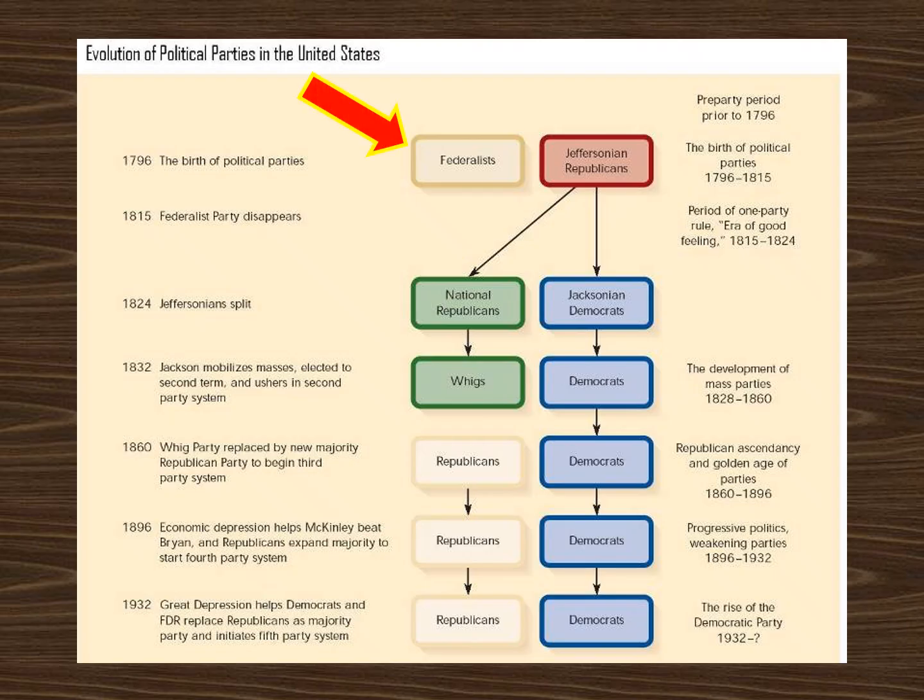In the 1790s, there were two political parties. One was called the Federalists, the other was called the Jeffersonian Republicans. Sometimes they were also referred to as the Democratic Republicans. We've had a range of other political parties over the years as well, but for the last 150 years or so, the Democrats and Republicans have been the two major parties.